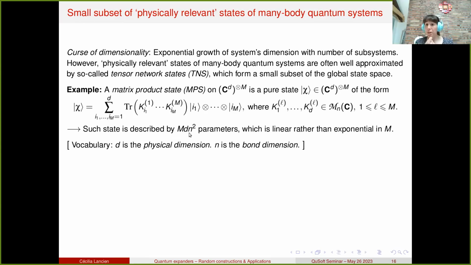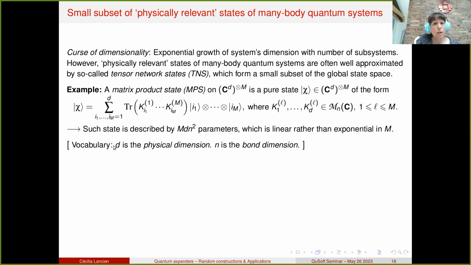So if d and n are fixed, it's a number of parameters that is linear and not exponential in m. And even if you allow n to grow polynomially with m, you still have gained something, because you will have a number of parameters that is polynomial in m and not exponential. So it's a family of states that is really efficiently parameterized.